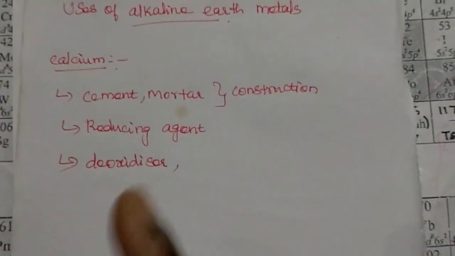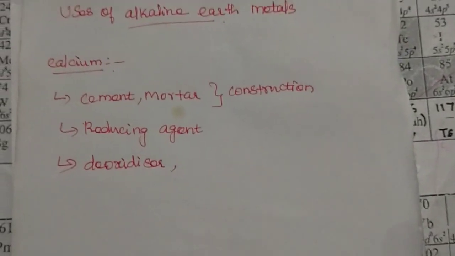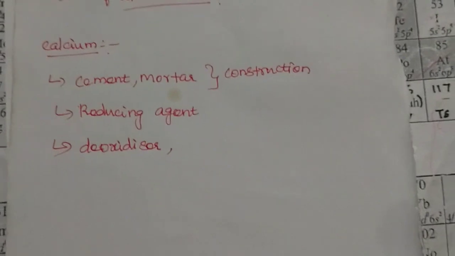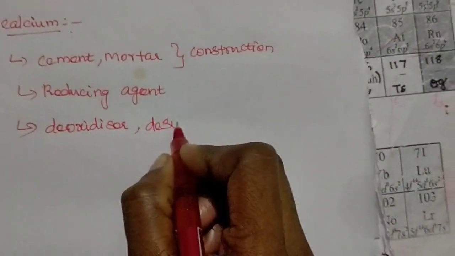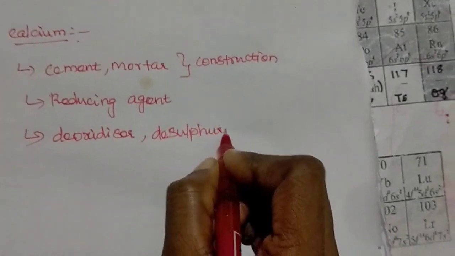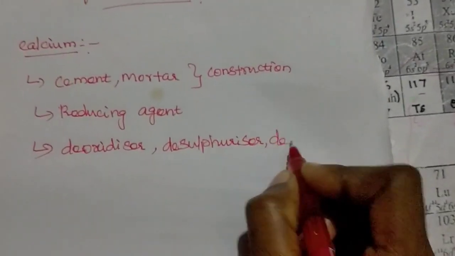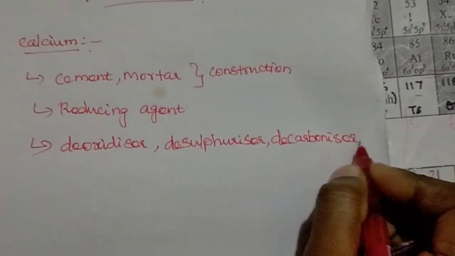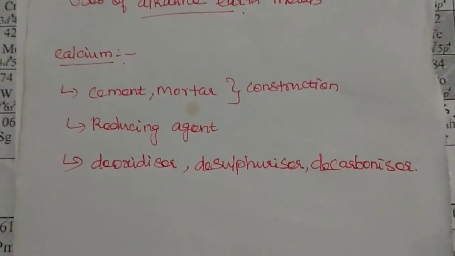So we use this calcium as deoxidizer and desulfurizer and decarbonizer for ferrous and non-ferrous alloys.